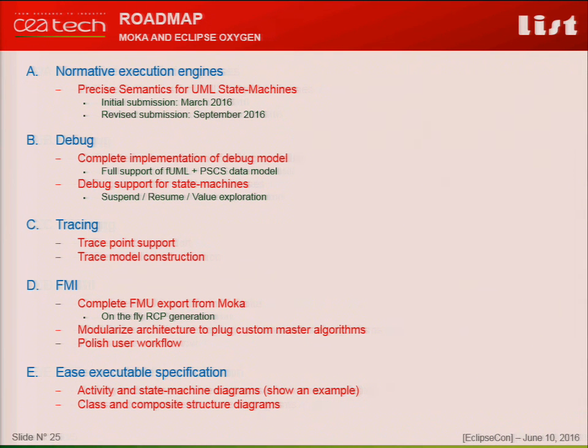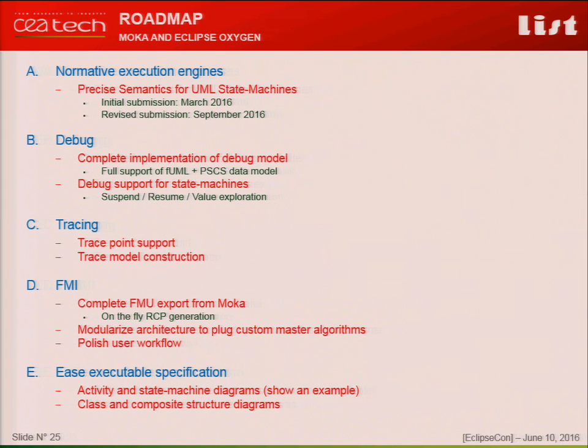For FMI, we need to work on the FMU export part, meaning that we will be able to encapsulate a model produced through Papyrus and an execution engine described inside Moka into an FMU and make it importable inside another tool like Simulink. And one other important thing is that we need to be able to plug in a new master algorithm easily.